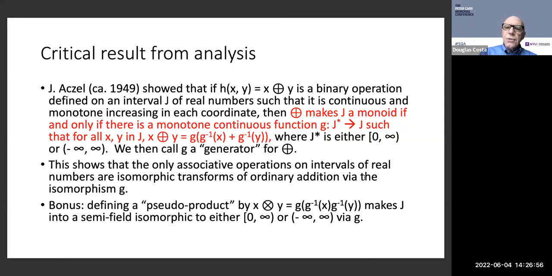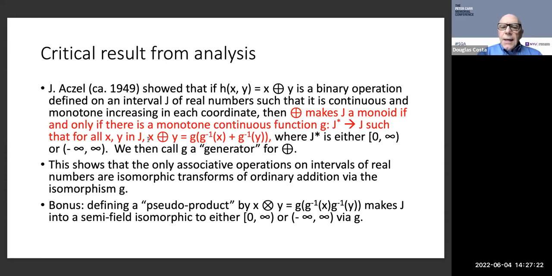In other words, a monotone continuous function g from some other real interval J star onto J, so that the pseudo sum is defined by g of g inverse of x plus g inverse of y.